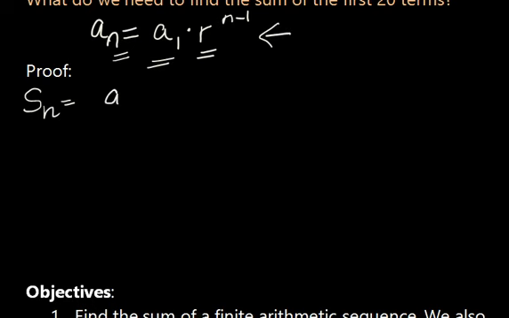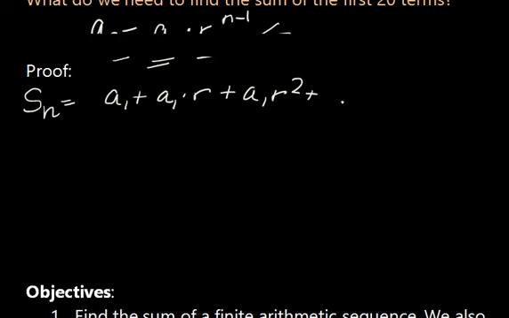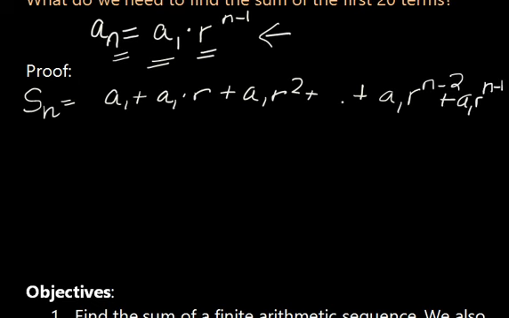The first term would be a sub 1, plus a sub 1 times r, plus a sub 1 times r squared. As we continue on, we get to a sub 1 times r to the n minus 2 plus a sub 1 times r to the n minus 1. And this, specifically at the end, is the explicit term of a sub n. That's what we found in the last video.